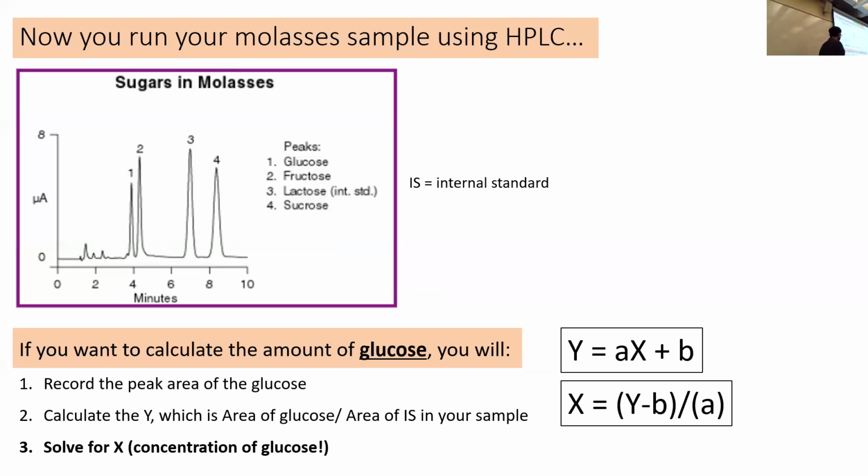Okay? Questions? Ellie? You only make a calibration curve when you use an internal and an external standard? No, you did a calibration curve for caffeine without an internal standard. So you can do calibration and sample analysis without an internal standard.